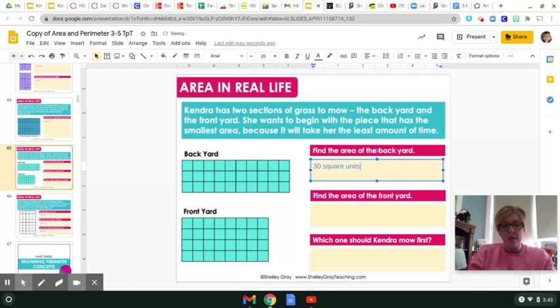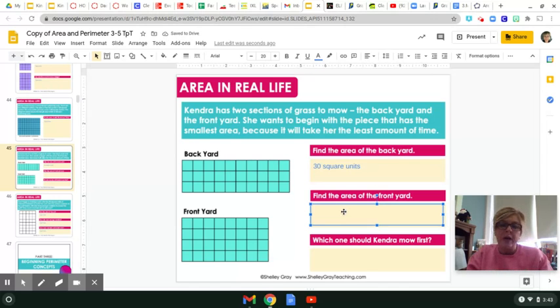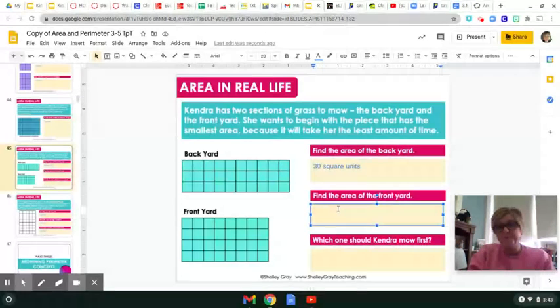Okay. Now let's find the area of the front yard. I'm going to do kind of the same strategy. I see the length of one of the rows is 8, and my width is 4. And I'm not really sure what 8 times 4 is yet. So I'm going to use a different strategy.